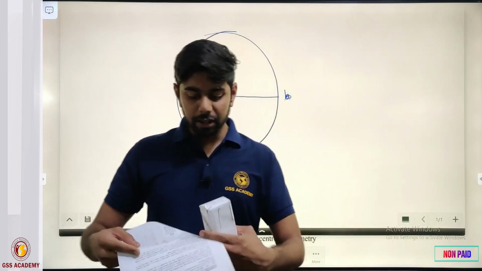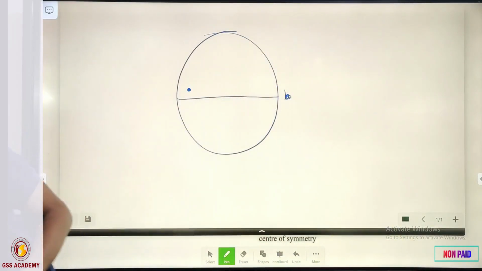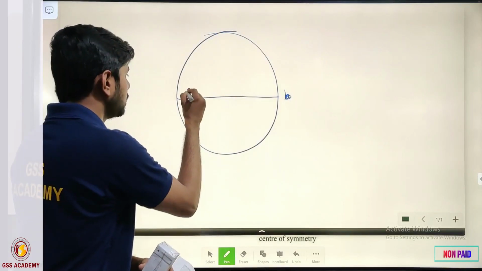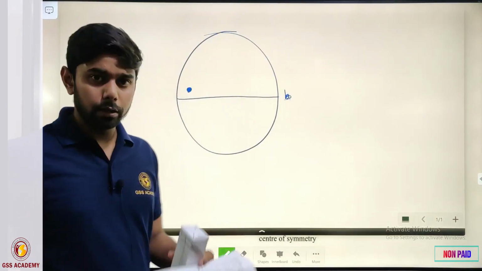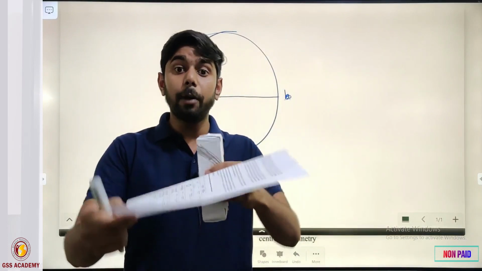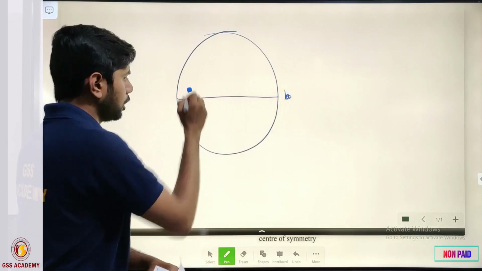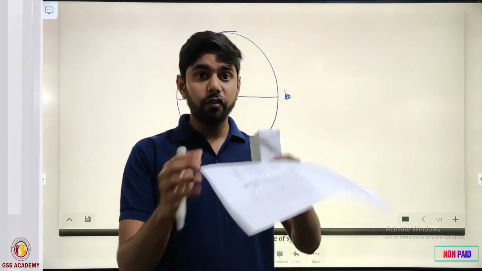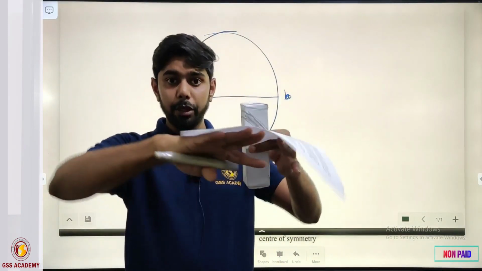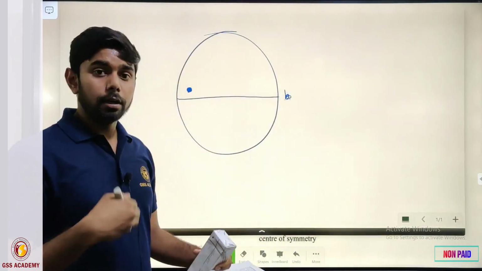Whatever faces are above this plane will be denoted by a closed circle or a dot. The faces of a crystal which are above this plane will be denoted as the dot, and the faces which are below this plane of projection will be denoted as the open circle.